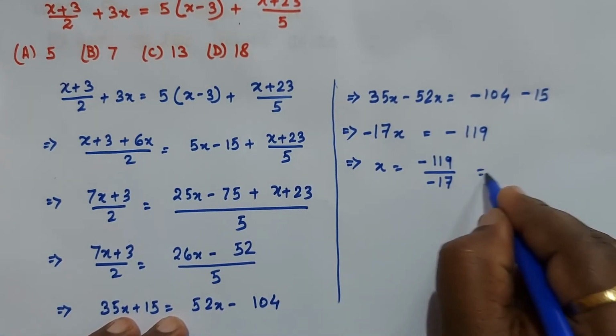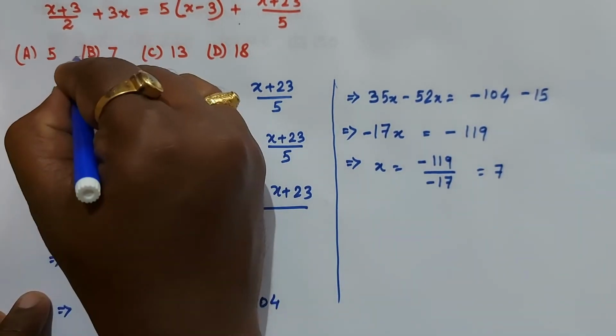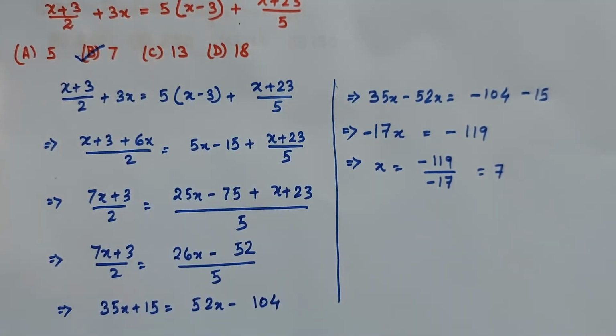Okay, this equals plus 7. So plus 7 is in our option B. So option B will be our correct answer.